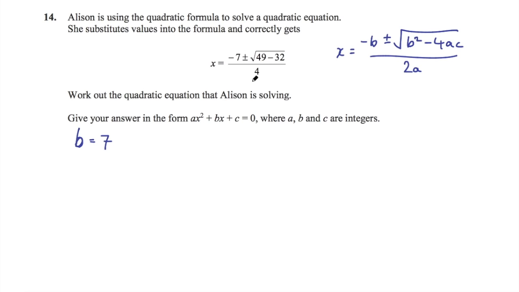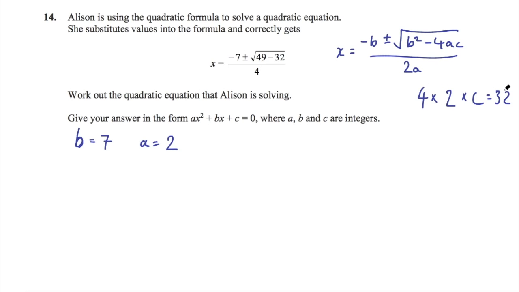So if the bottom line on her equation is 4 and in this equation it's 2a, a must equal 2. So 2 times 2 is 4, so a must equal 2, and then we can go ahead and work out what c equals. So 4ac equals 32. That's going to be 4 times 2 times c equals 32.